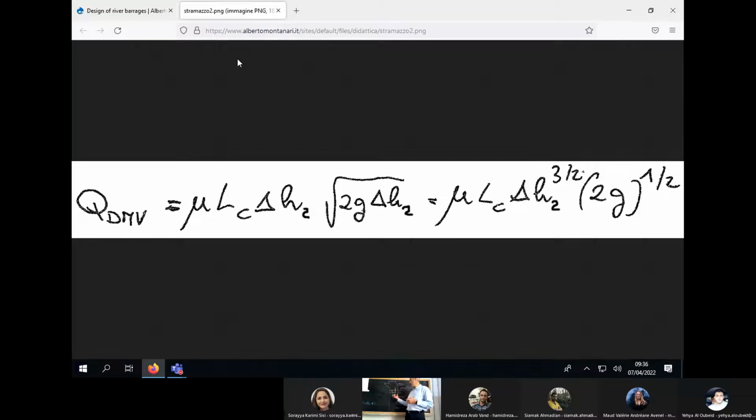But there is also a technical reason for suggesting that the environmental flow spillway should be kept as large as possible. The reason is that once you have the environmental flow ensured downstream, you can start diverting water. And look, with this relationship, by computing delta H2 in this way, I want to draw your attention once again. I am making sure that I'm not diverting any water, because the water level doesn't reach the diversion spillway.